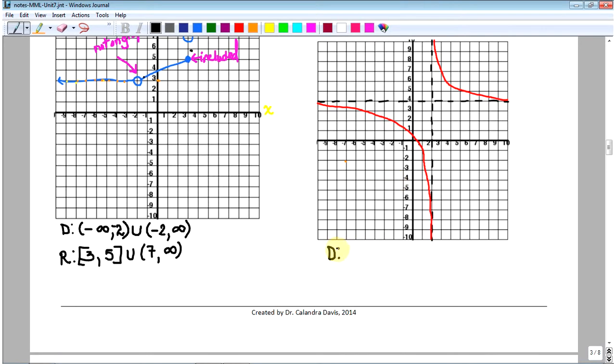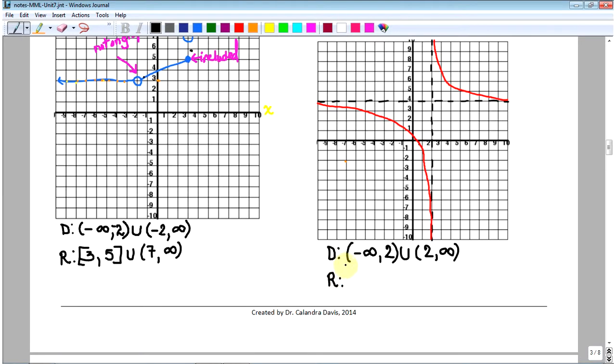So that means that first interval for my domain will be from negative infinity until I get to 2, and 2 is not included, so we do a parenthesis. As soon as I go to the right of 2, I see I have points on my graph again up in the first quadrant, and then the graph will continue to go to the right. So the second part of that interval will be from 2 with a parenthesis to infinity.